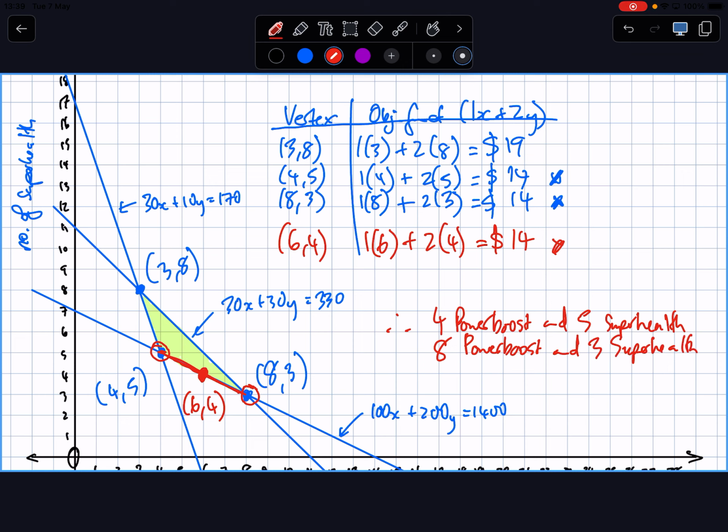And the one in the middle, 6 power boost and 4 super health are optimal. How much does that cost him? Those 3 possible solutions, $14. That's multiple optimal solutions for you.